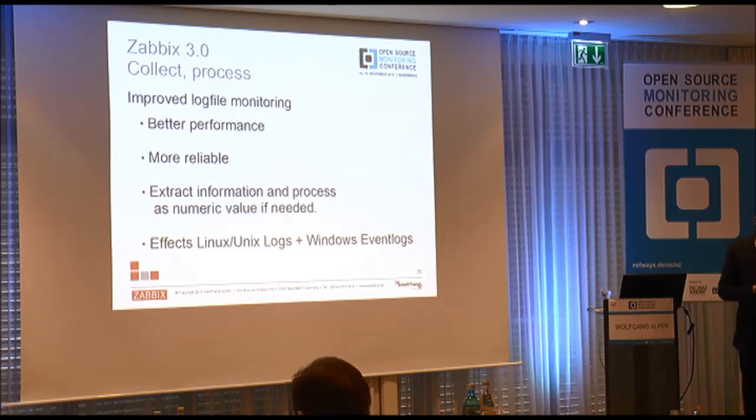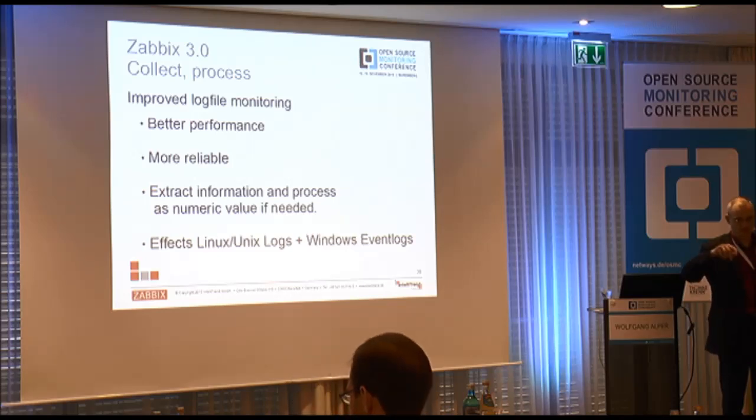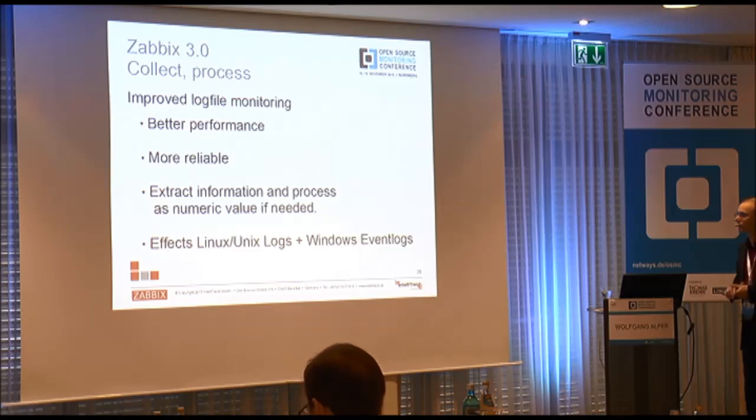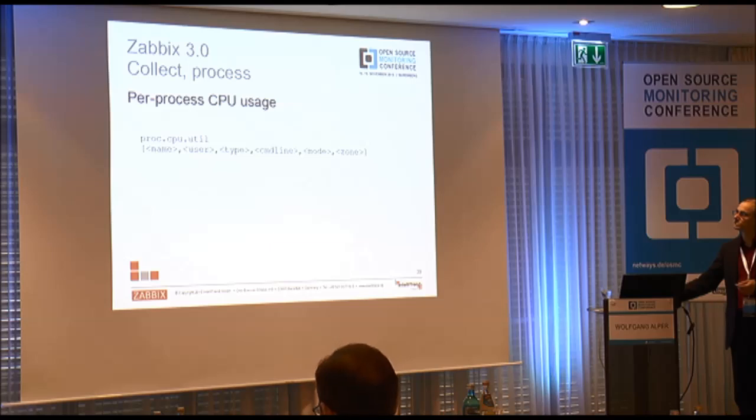For example, you would get a log message like "number of users logged in 5". That would be a syslog message. Then you can extract the information 5 as a numeric value with a new log item, and then you can, for example, define a trigger: if item bigger than 5, then give me an alert. So that's possible for Windows logs and for Unix logs.